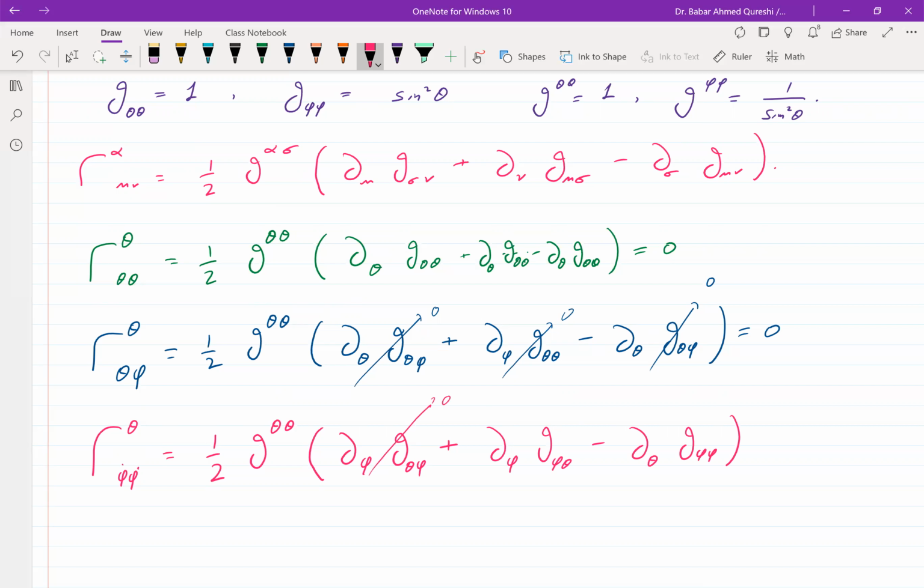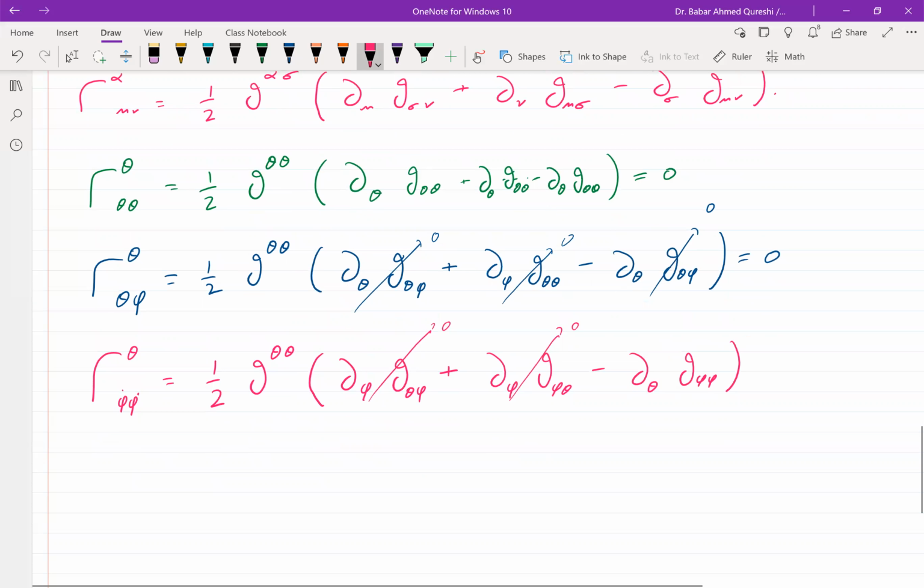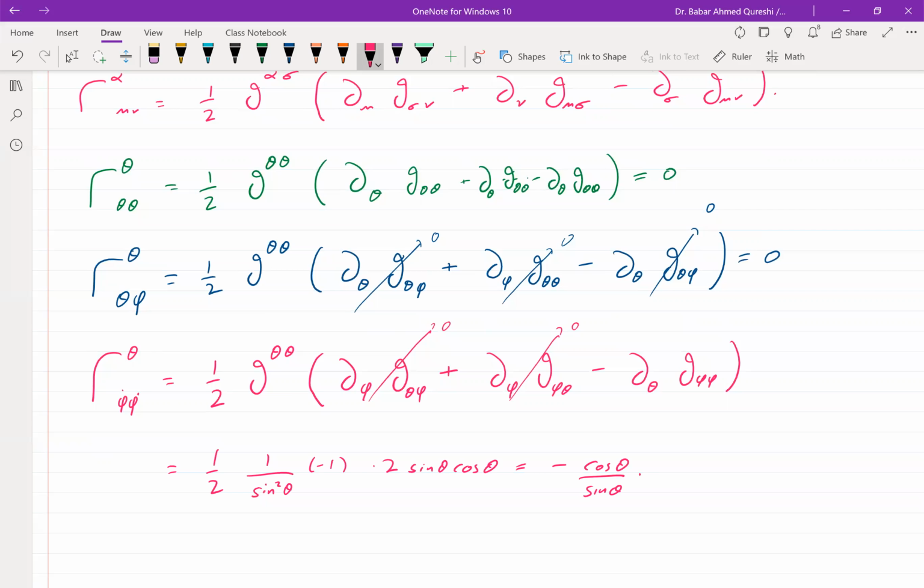So these are off diagonal. G phi phi is actually sine square theta. So I get half g theta theta is 1 over sine square theta, and then I have a minus, and when I take the derivative I get 2 sine theta cosine theta. So this thing is equal to minus cos theta over sine theta.